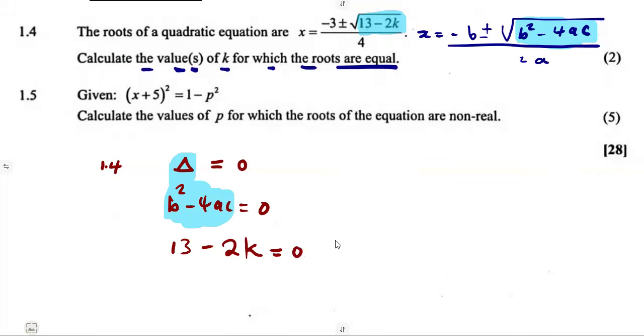It must be equal to 0. So what have you formed? An equation. With this, you can solve for k. For us to have equal roots, it must be exactly equal, there's no greater than, there's no less than. It's an equation. So what will be the value of k? That will be minus 2k is equal to minus 13.